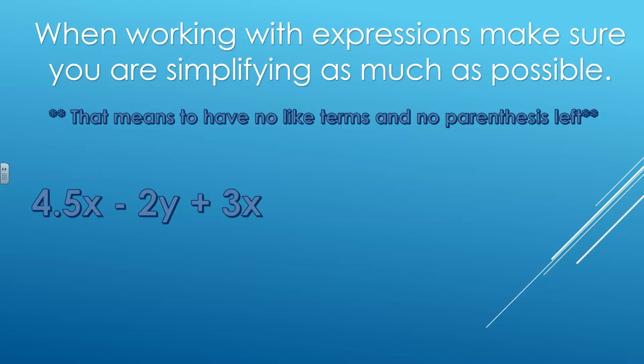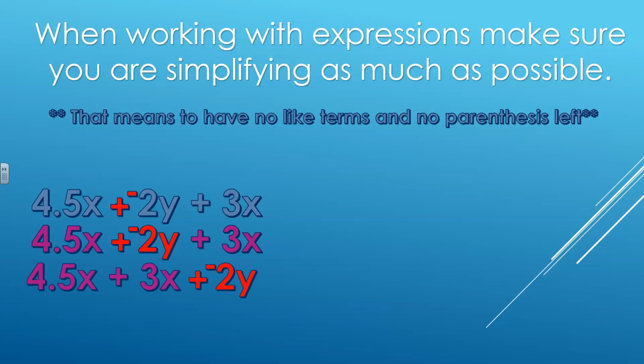However, I can't just move everything around in my expression yet because I don't have addition signs throughout the entire thing. So I can change that subtraction sign into add the opposite. So then I'm able to use my different properties like the commutative property to move things around within my expression. So I'm going to find and highlight my similar terms, and then I can shift those around so they're next to each other.